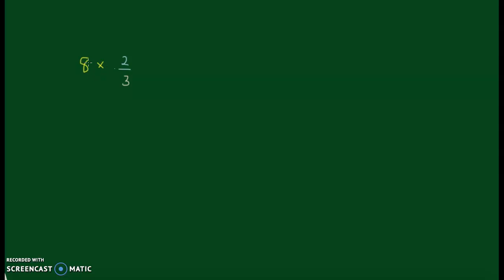And in this case, that won't work as easily because 8 divided by 3 doesn't give us a whole number answer. And so we can think about this fraction as a division problem. So 2/3 is the same as 2 divided by 3.